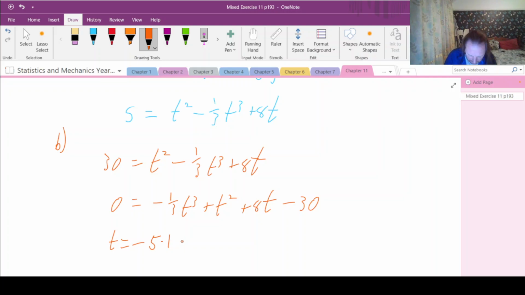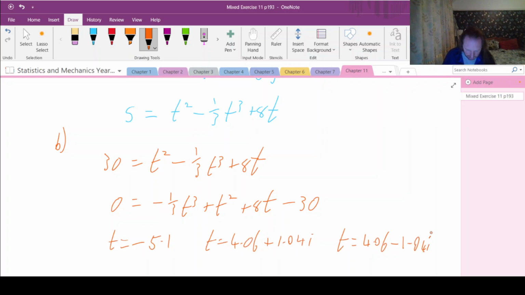Then I also get t equal to 4.06 plus 1.04i, and t equal to 4.06 minus 1.04i.